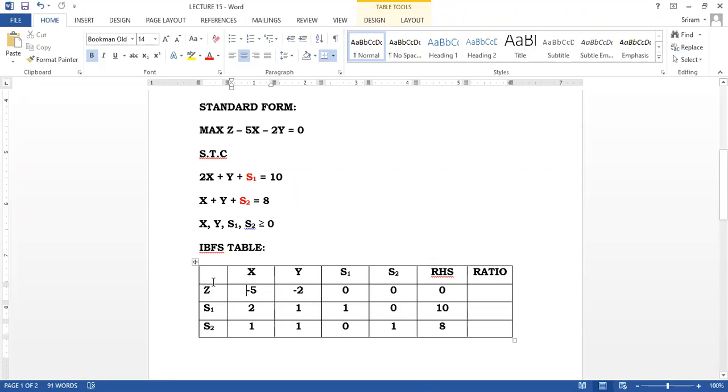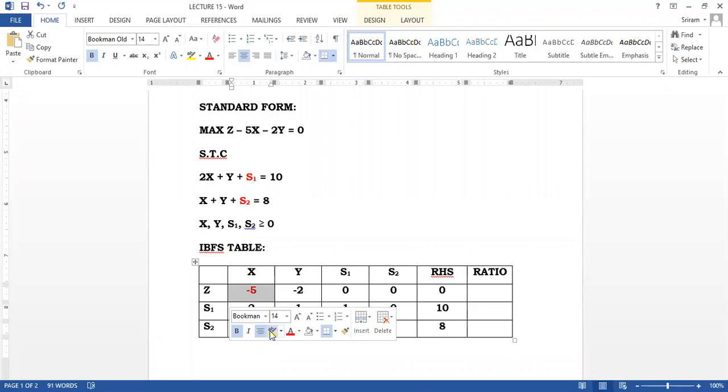Now, this is called the IBFS table, initial basic feasible solution table. From the standard form, we are just copying the coefficients into a table. Now, the next step: from Z, I am going to find the maximum negative value.